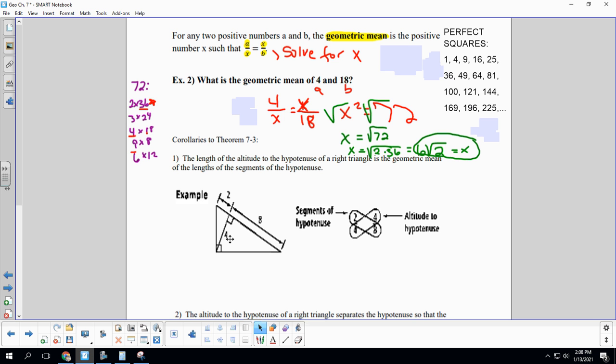So if you have an altitude and the measurements of the hypotenuse, you can put together a 2/4 proportion equal to 4/8.